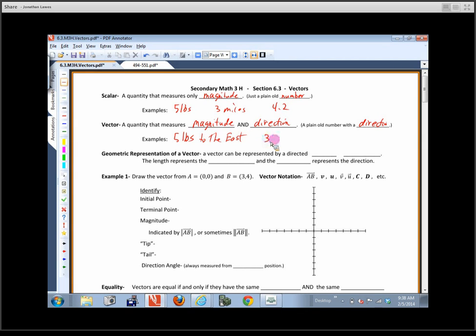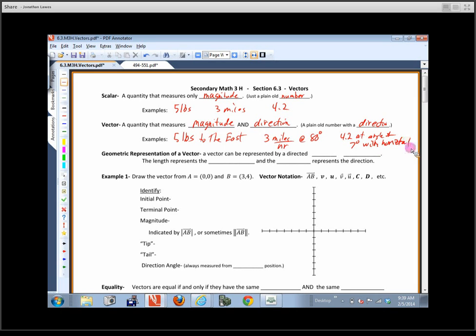If I said 3 miles, let's say 3 miles per hour at 80 degrees, kind of like that airplane example that we had before. And if I said 4.2 at an angle of 7 degrees with the horizontal.